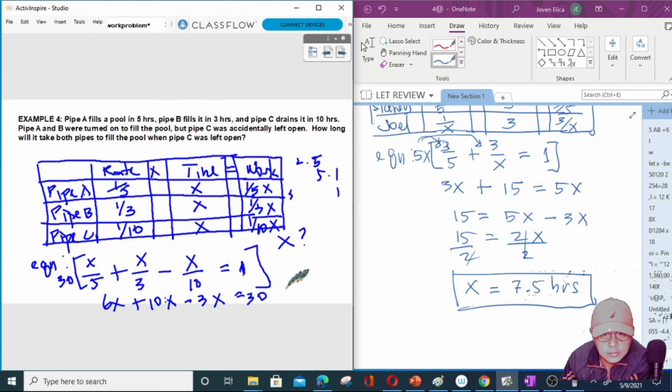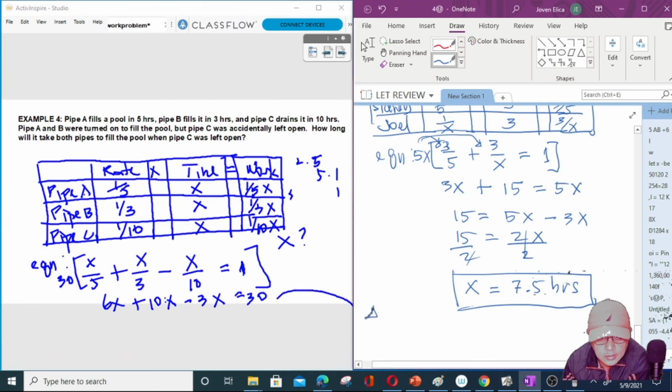So get the sum. 16 minus 3 is 13x. 13x is equal to 30.